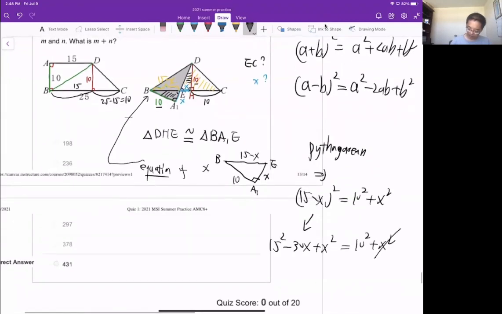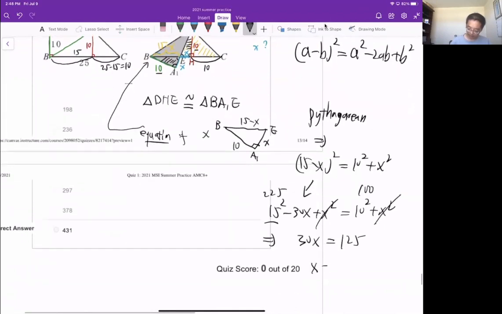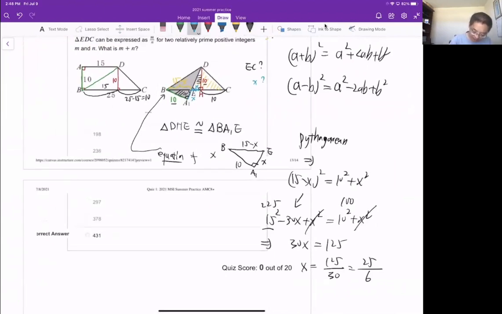Now we can cancel X squared on both sides. This is 225, this is 100. So we get 30X equals 125. And we can divide by 5 on both sides, so this is 6 and this is 25. So X equals 25 over 6.